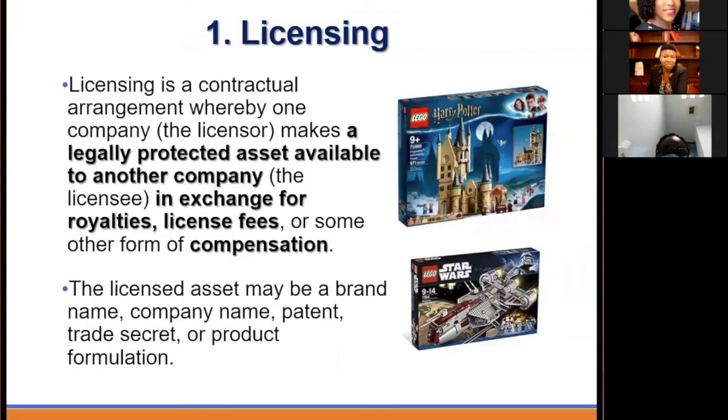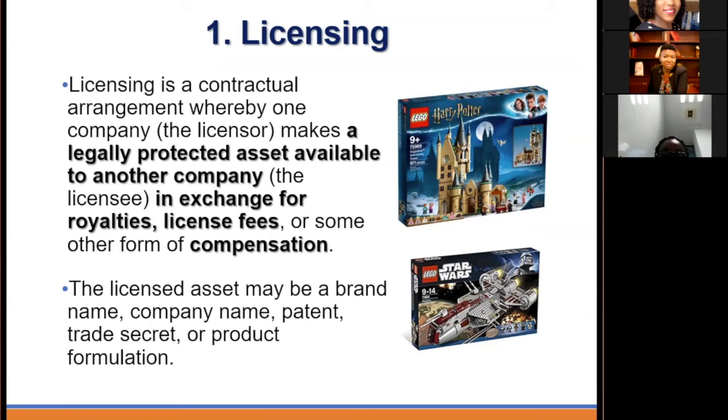So the first one is licensing. Licensing is a contractual agreement whereby one company, which is referred to as the licensor, makes a legally protected asset available to another company, which is the licensee, in exchange for royalties, license fees, or some other form of compensation.